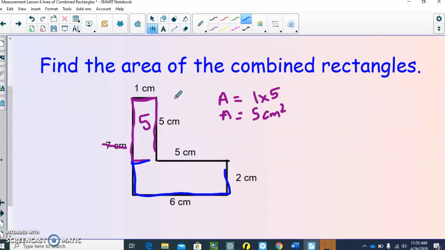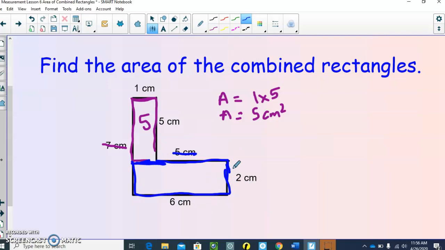See how this line here stops? It doesn't go all the way across. So this section here is only 5 centimeters. But down here, I have the entire length of that side, which is 6. So I actually don't need this 5. I'm going to cross that out, because it's not going to help me figure out the area of this rectangle.